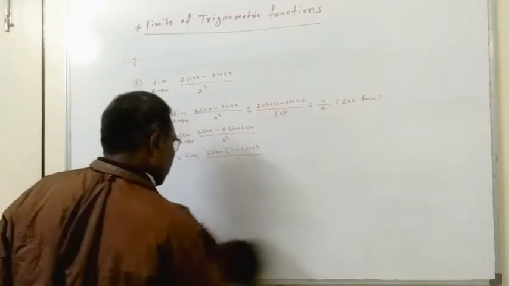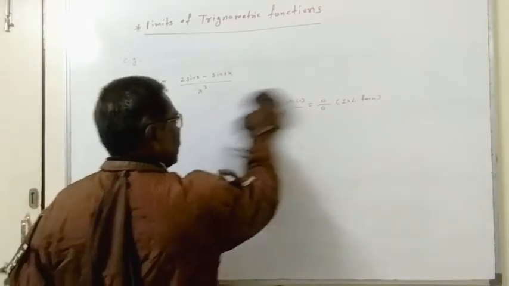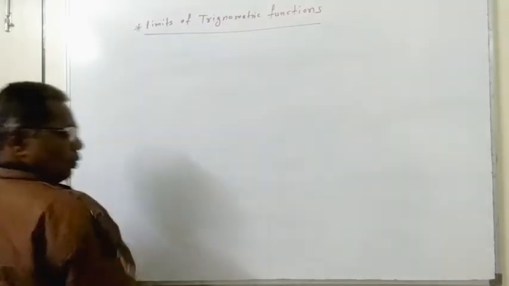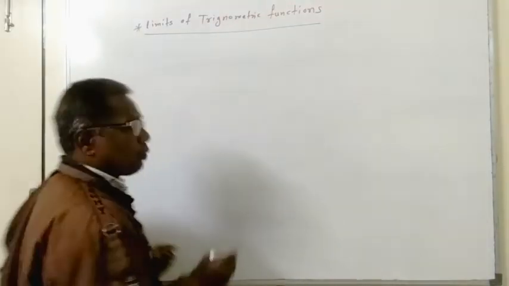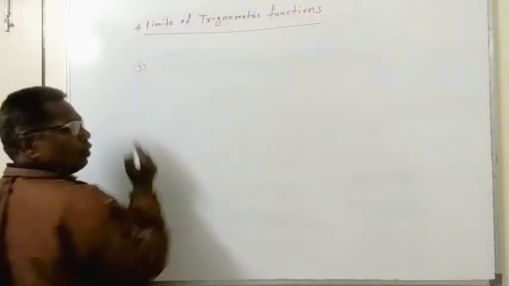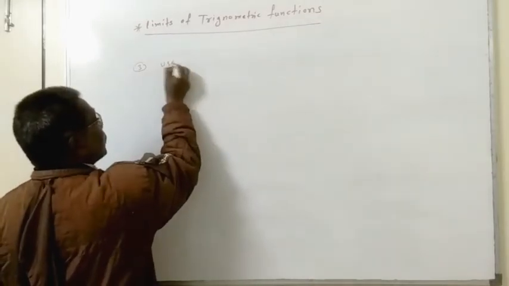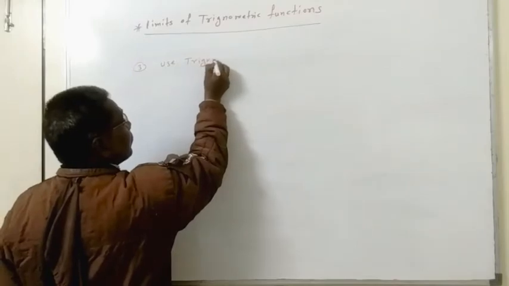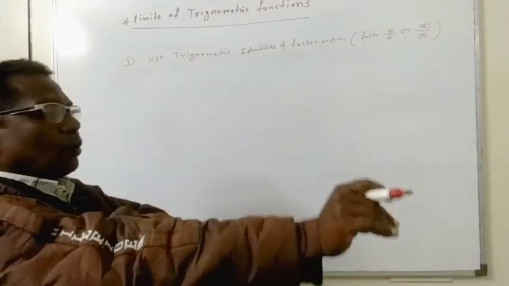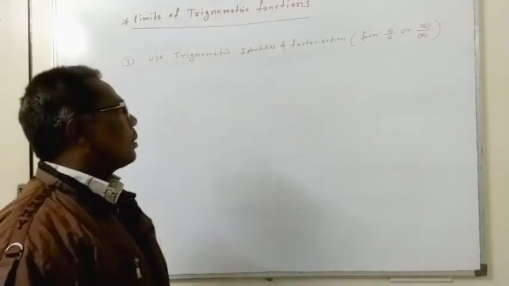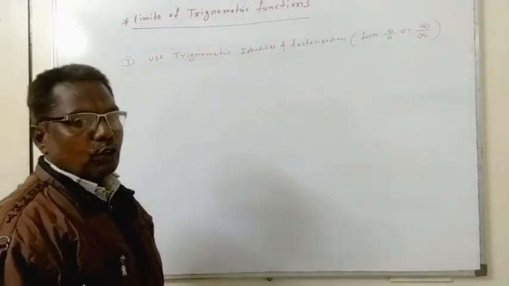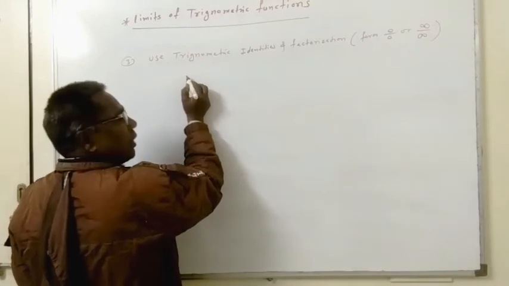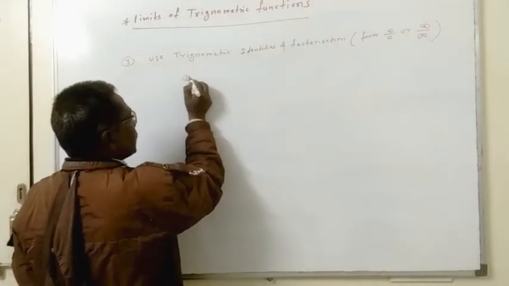Now the next method, the third method: use of trigonometric identities and factorization. In this method also the example takes the form 0 upon 0 or infinity upon infinity. Now we know that in trigonometry there are 3 identities.